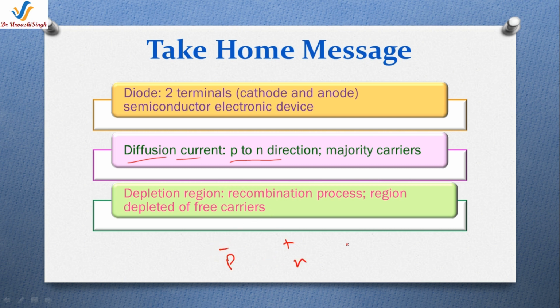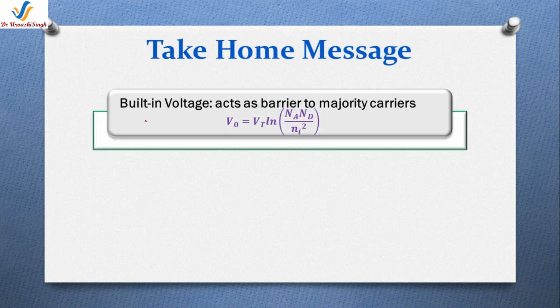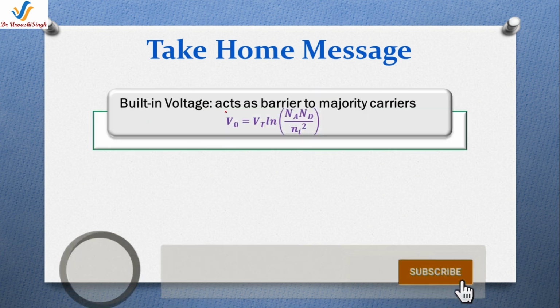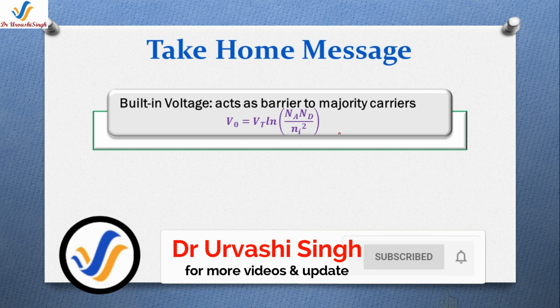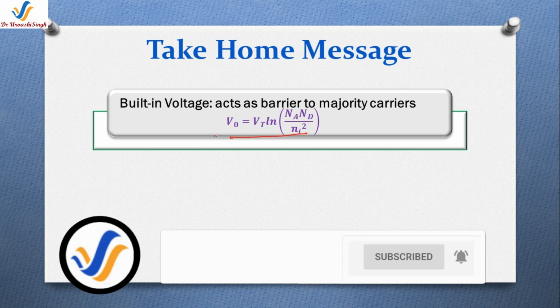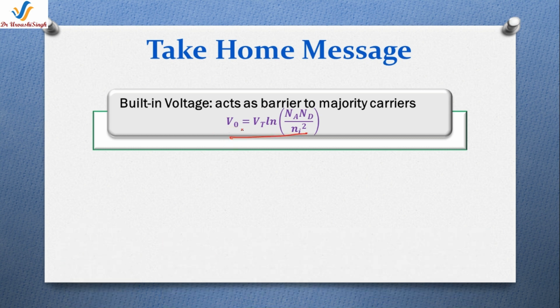Due to these charges, an electric field is established in the direction from N to P, and this electric field causes a voltage drop across the depletion region, and the voltage drop is called the barrier voltage or the built-in voltage, and its purpose is to demotivate or reduce the flow of majority carriers, and it is given by this equation. You can see that the voltage drop across the depletion region is proportional to the carrier concentration and also the temperature.